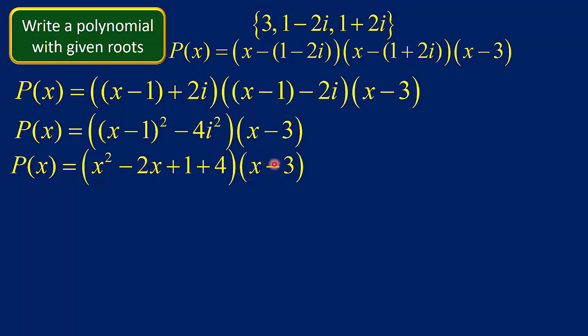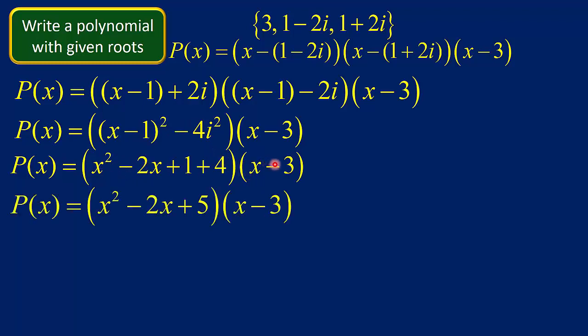Then I just multiply this out. And there we have it. Okay, so I went ahead and added those. I didn't multiply it yet. Okay, so there we go. Now I multiplied it. And this is the polynomial with these 3 roots.